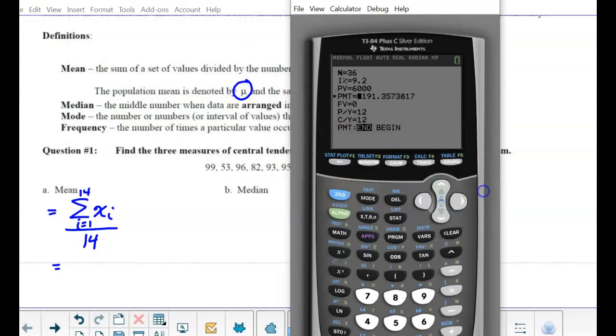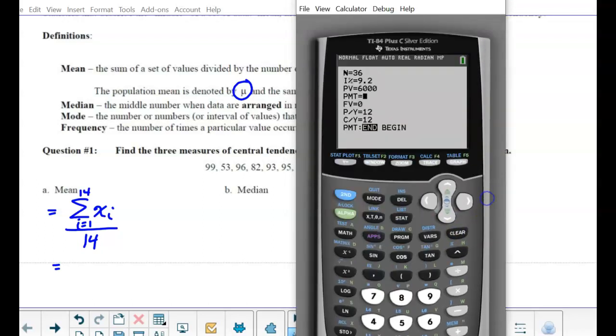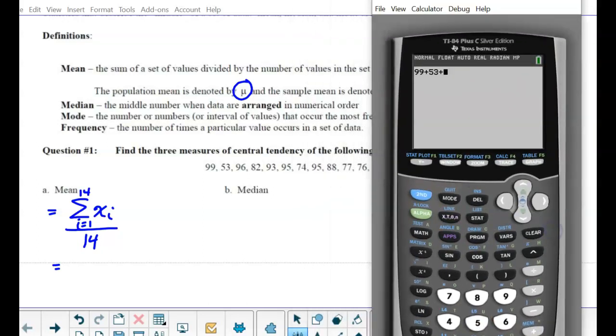Okay? So here, sorry. And so 9 plus 53 plus 6 plus 52, 82, 93, 95, 74, 85, 88, 87.